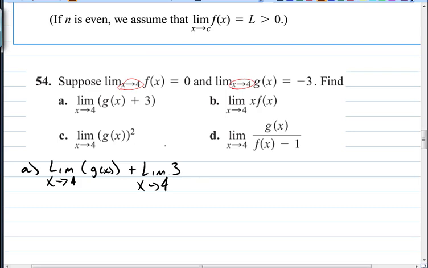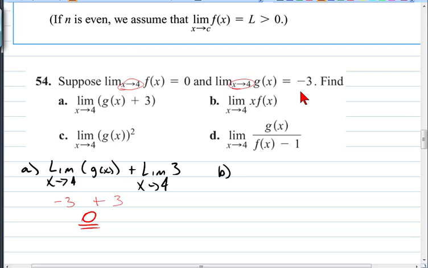Well, this limit was negative 3, and the limit of a constant is that constant, so this whole thing ends up being what? Any questions? Where you get the negative 3 from? Where am I getting the negative 3 from? We were told right here that the limit as x approached 4 of g of x was negative 3.